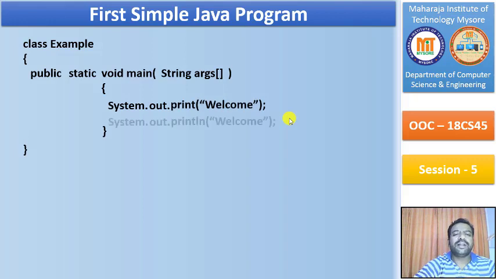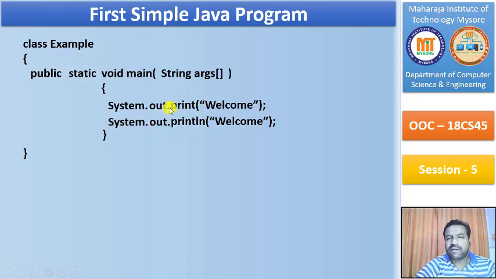Other than the print function, there is one more member function called println. It is almost similar, the only difference is these two characters added to the function name, that is ln. ln stands for new line, or line. If I use the print function, it will just print welcome and the cursor will stay in the same line.